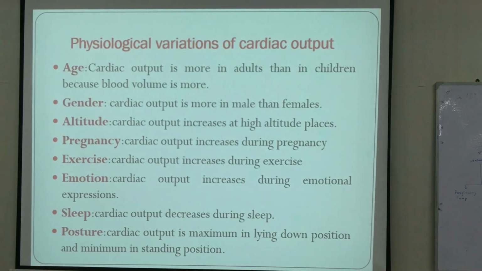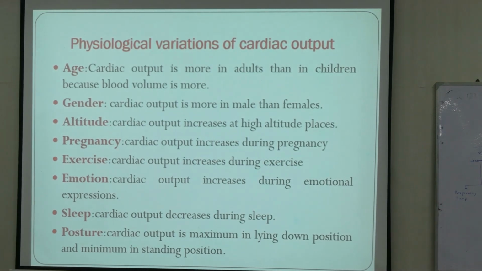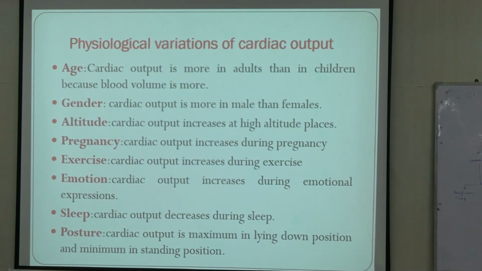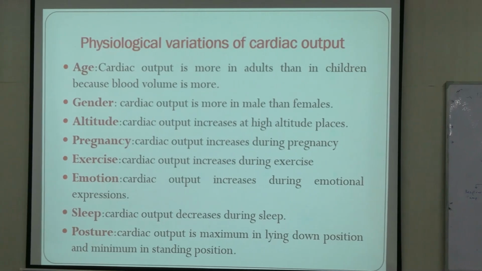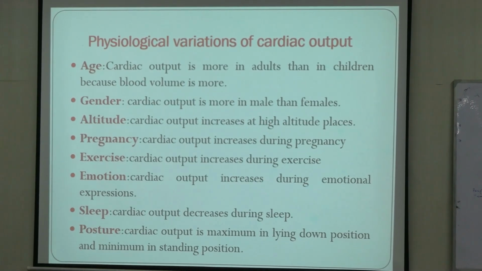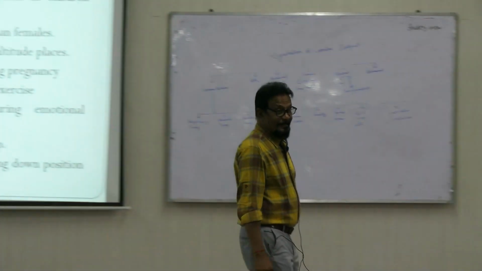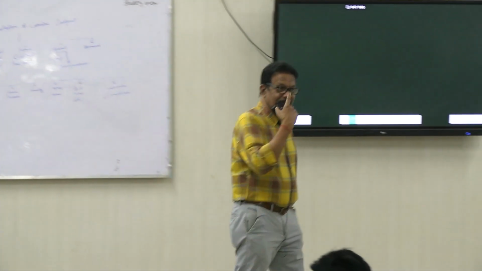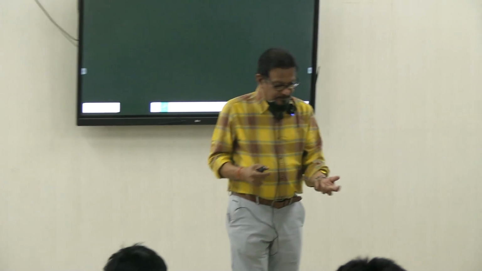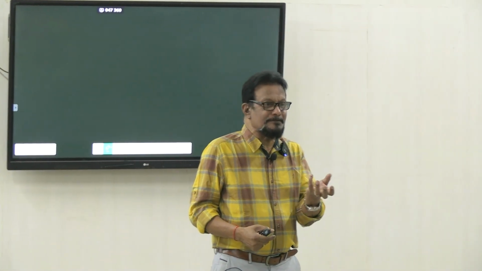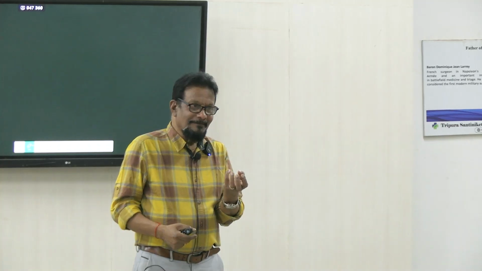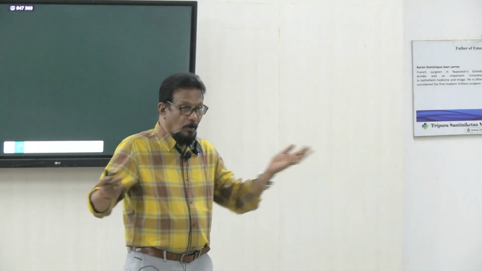Remember, at the beginning we told what are the factors that will be affecting cardiac output. So these are the factors. Number 1 is age. A child or an infant, what do we expect his cardiac output to be?